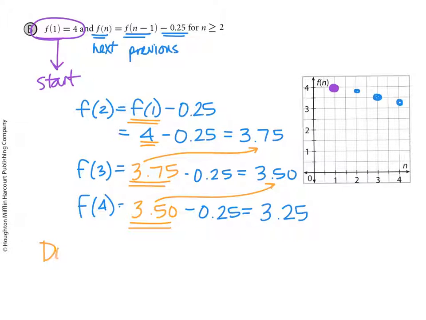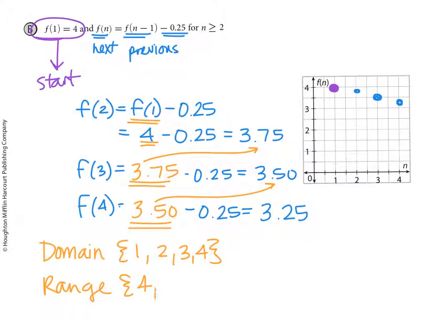Again, on these, domain are the values that I used, the terms that I found, and that was 1, 2, 3, and 4. And then my range are my resulting values. So my range here is going to be 4, 3.75, 3.50, and 3.25.